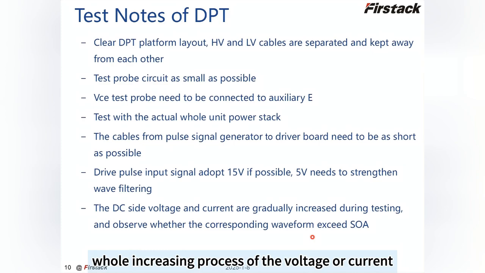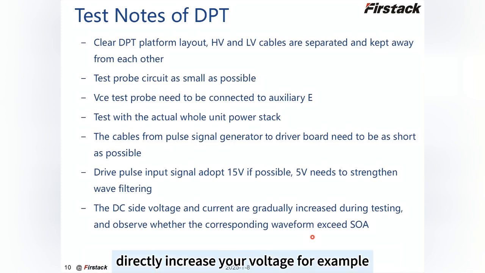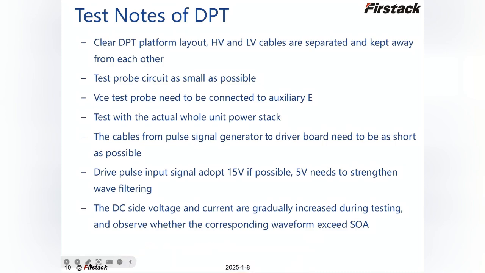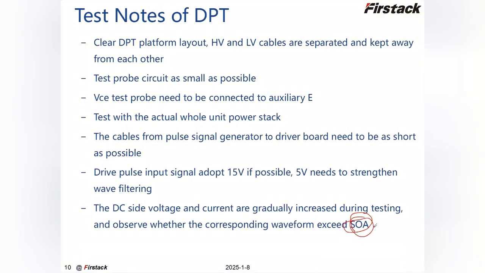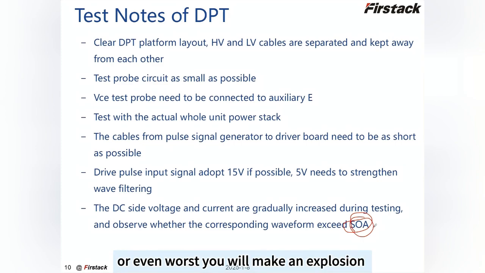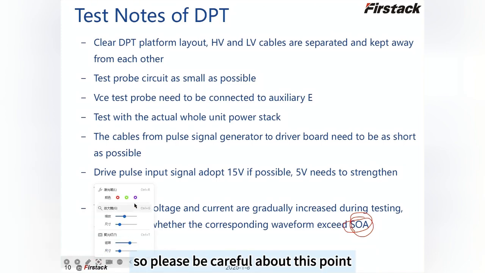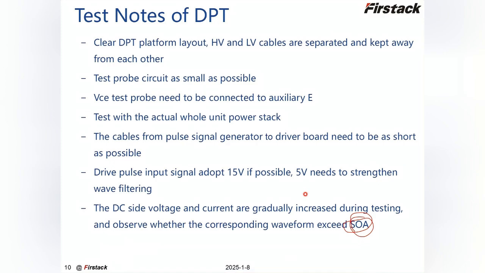If you directly increase your voltage, for example to 1000 volts, and your voltage peak exceeds the threshold of your module, then you will damage your module, or even worse, cause an explosion. It can be possible sometimes, so please be careful about this point.